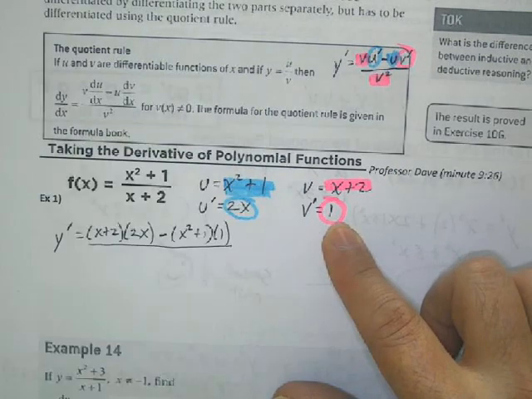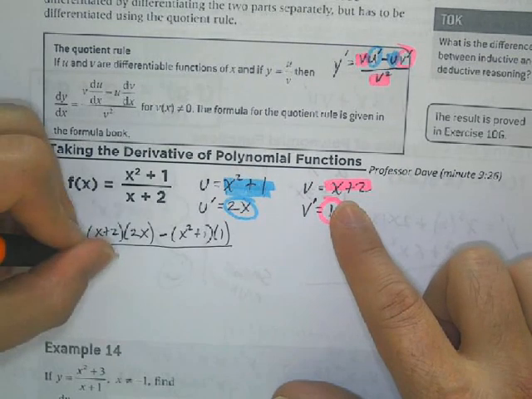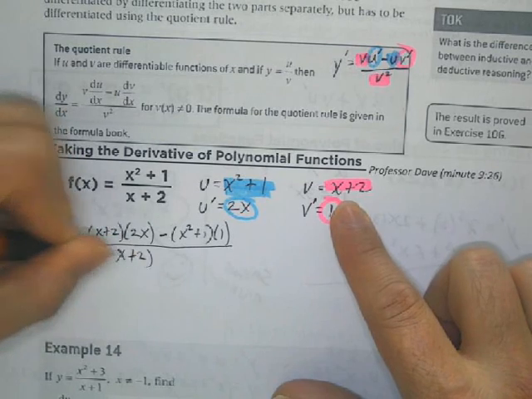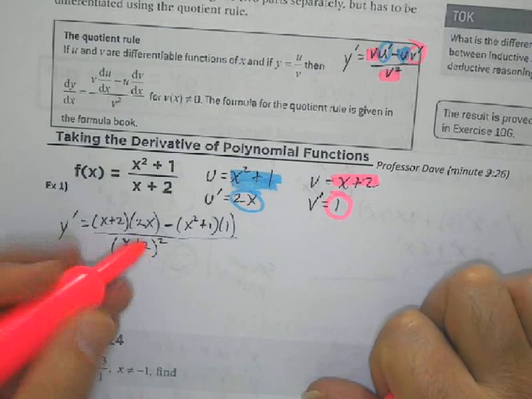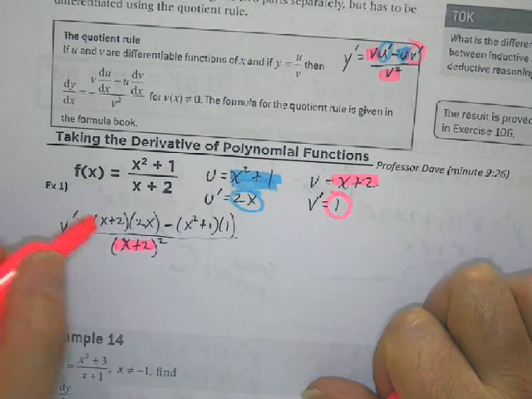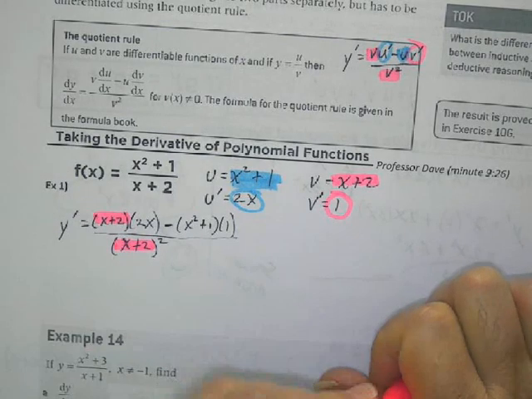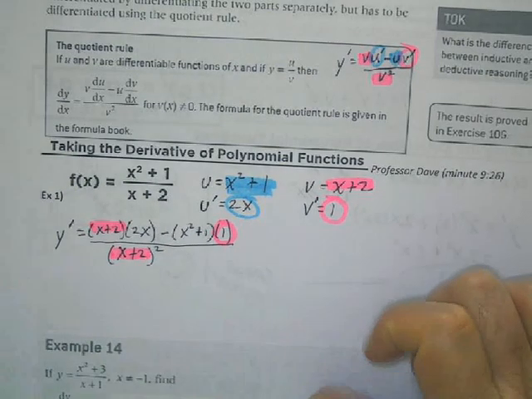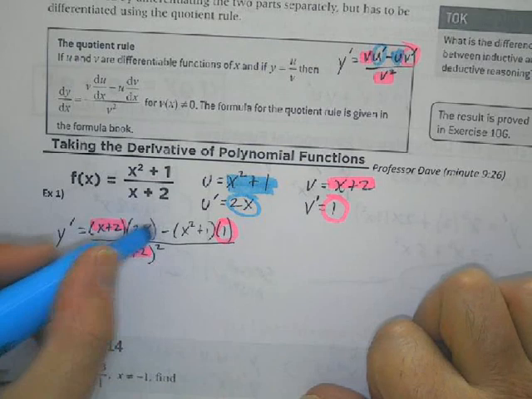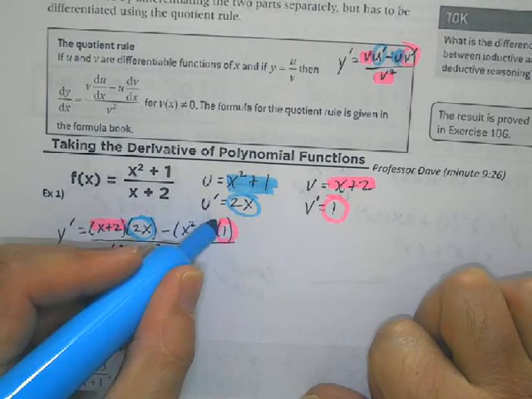Should have done it. V squared is (x plus 2) squared. Okay, so this was v squared, this was v, this is the derivative of v, this is u prime, and this is u.